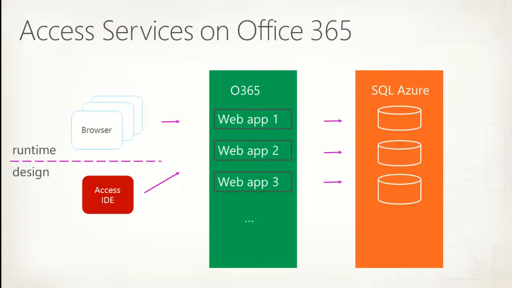Okay, so I want you to look at this slide, and there are 3 big chunks here. One is your Access client, that's a red piece. And then there is Office 365, that's your SharePoint. And on the right-hand side, that's the SQL databases. So we showed you in the demo, when a user opens Access and creates a new application, it will create a SharePoint application on SharePoint.